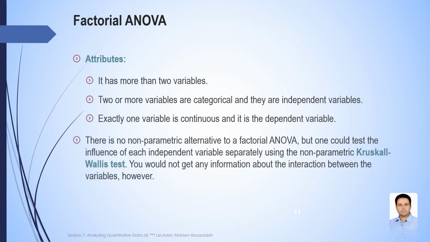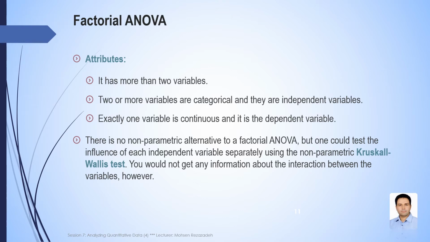There is no non-parametric alternative to a factorial ANOVA, but one could test the influence of each independent variable separately using the non-parametric Kruskal-Wallis test. You would not get any information about the interaction between the variables, however.